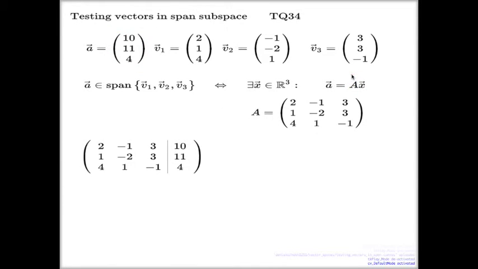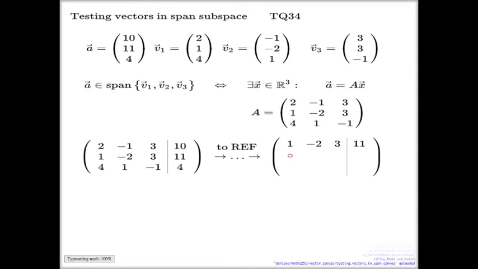And when we solve this, we know how to do that. We need to take this augmented matrix to the row echelon form and see if the criteria of solvability are applicable or not. I'm not going to show you the details of taking this to the row echelon form, so I hope you can trust me. If I take this matrix to the row echelon form, that's the kind of result you will come up with.